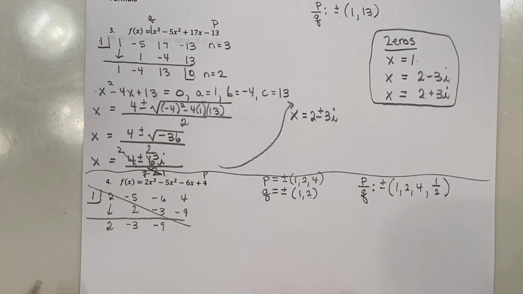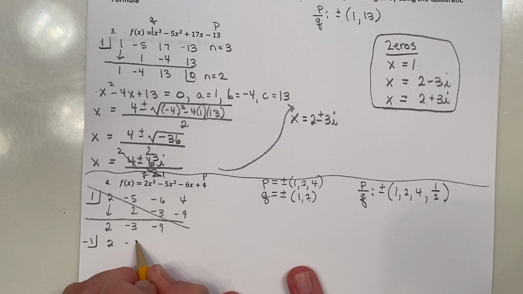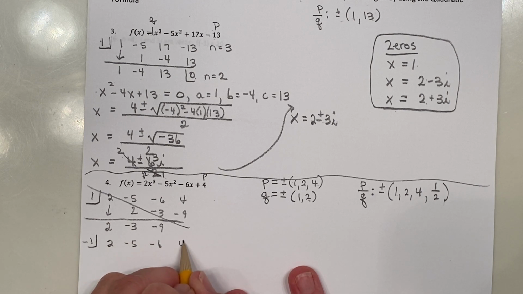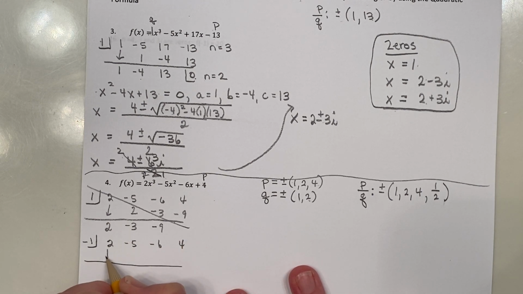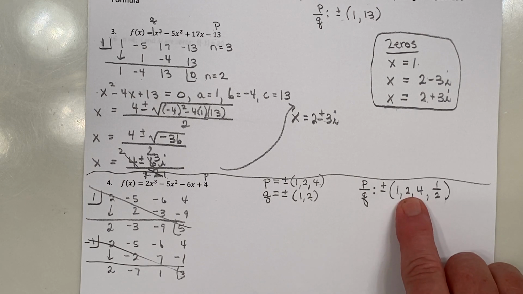So I guess I'll try negative 1. Nope, that's not 0 either. Okay, so I've got to move on to 2. Try that next. Try negative 2, try 4, negative 4.